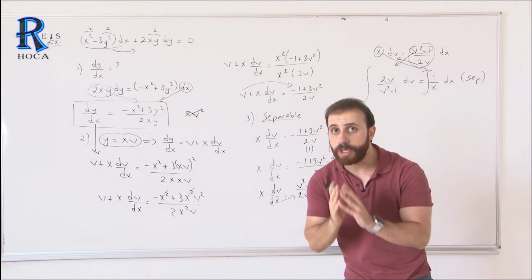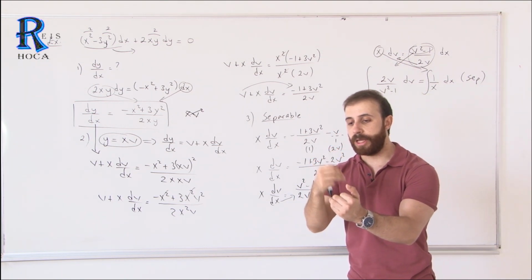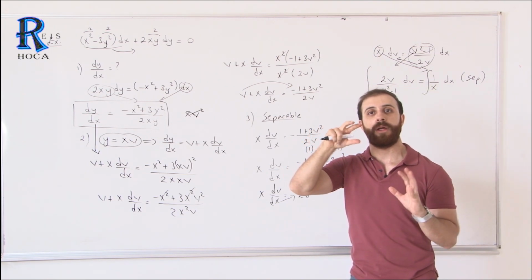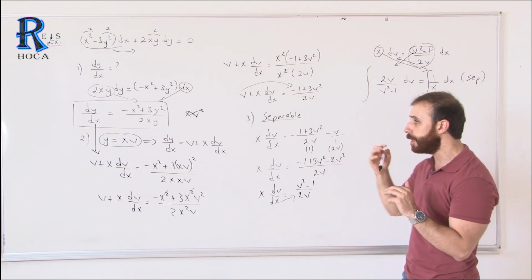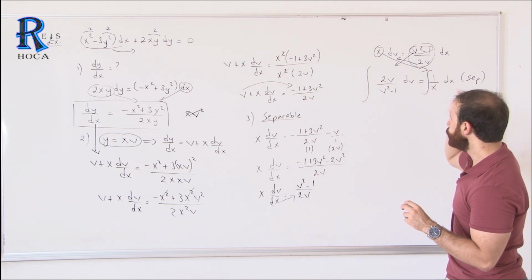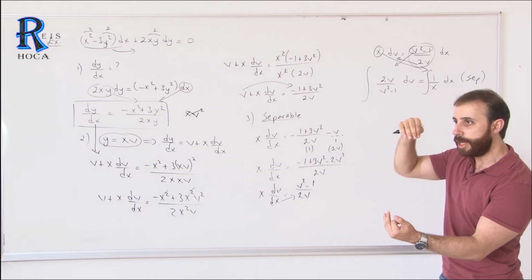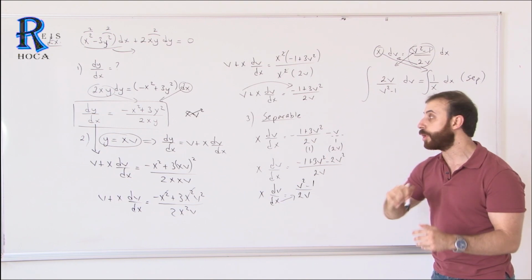We know the substitution method in integration. If the derivative of the denominator is exactly in the numerator, you can use substitution. What's the derivative of v square minus 1? 2v. Yes, and 2v is in the numerator, that's why we can use substitution. Don't forget this.